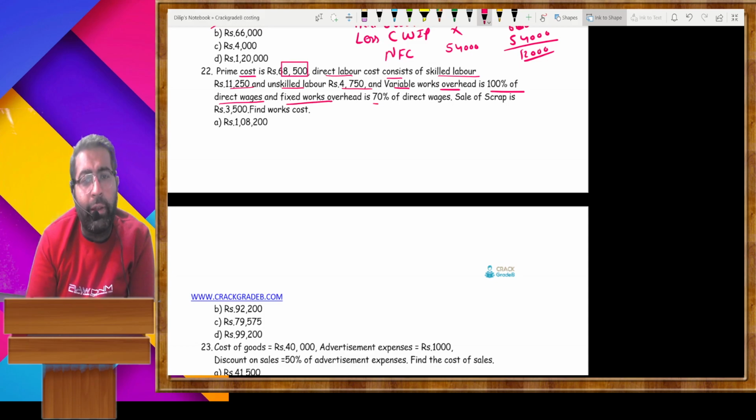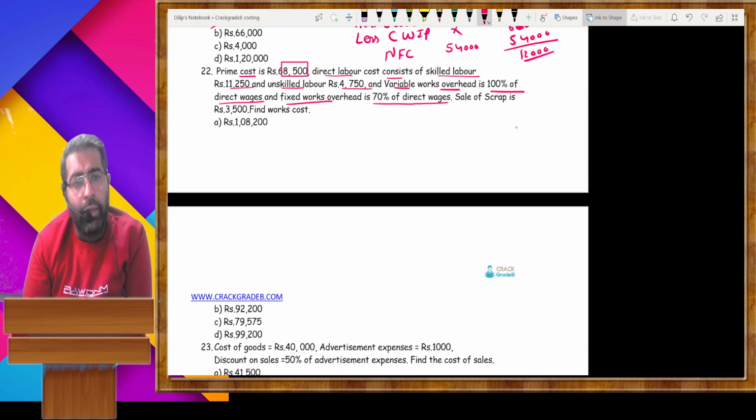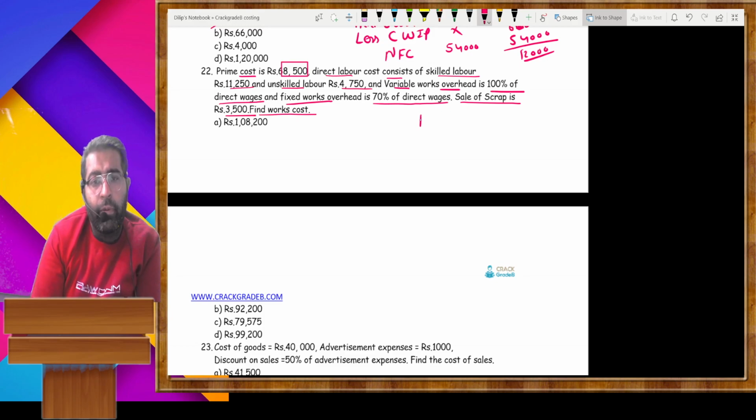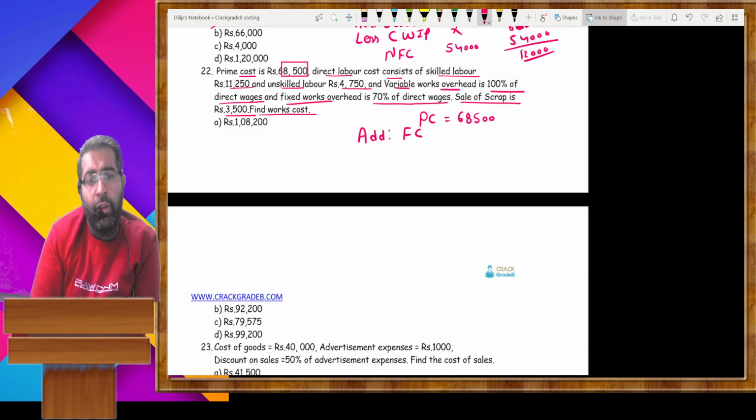Fixed overhead is 70% of direct wages. Sale of scrap is 3,500. Find out the works cost. Okay. Prime cost equals 68,500. Now we have to add all the types of factory cost. Here two things are given: fixed and variable works overhead. So write it.